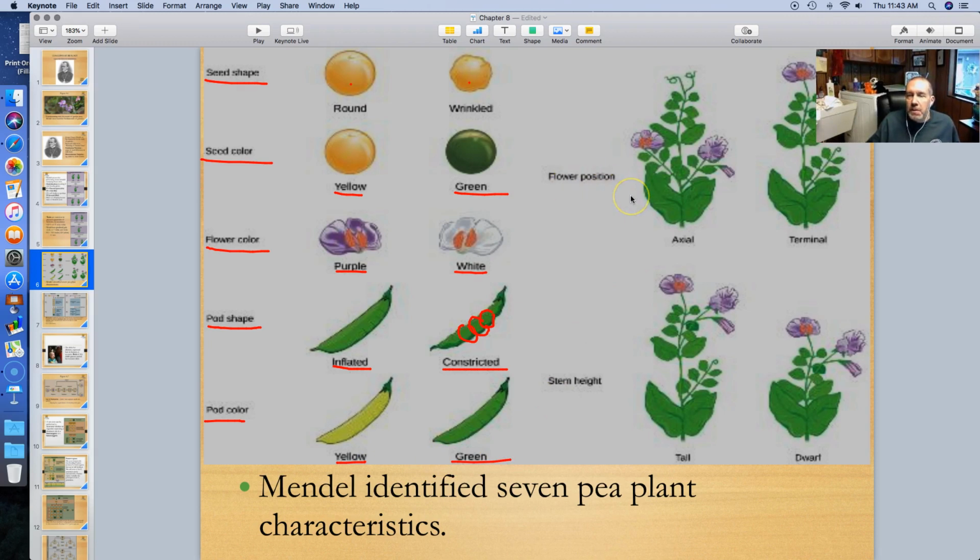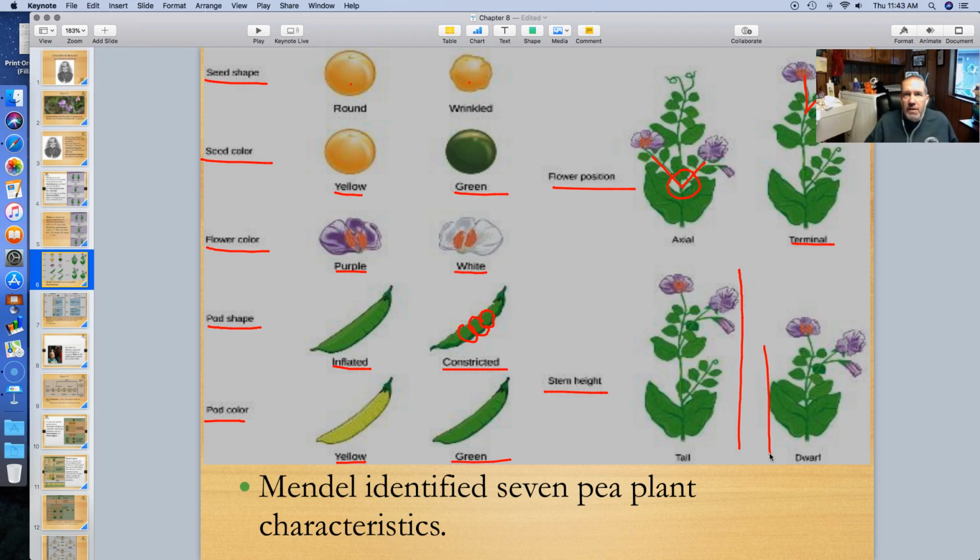And then a few other specific things about the flower, where the flower was located. Was it down here in the axial position, coming off the lower part of the stem, or were the flowers coming off the more terminal end of the stem, near the top? And then finally the height, either relatively tall plants or much shorter plants.